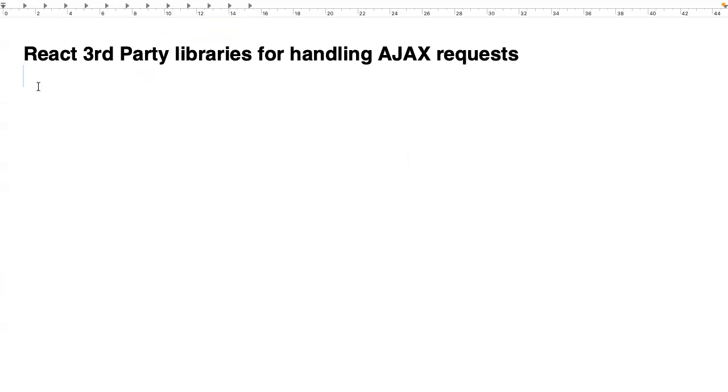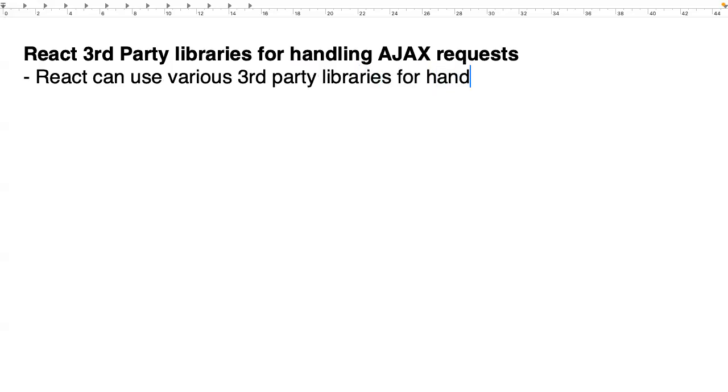If anyone asks internally, is React having any solution for this? No. We have to depend on third parties. So actually, React can use various third party libraries for handling AJAX requests.